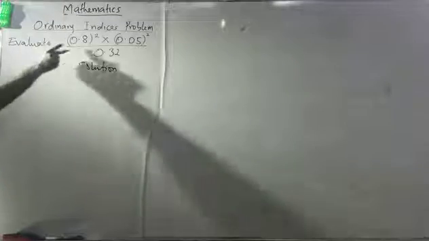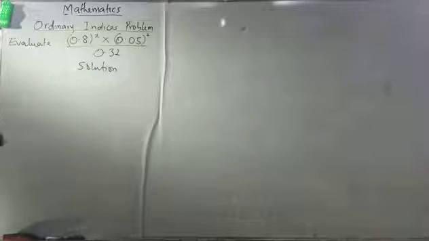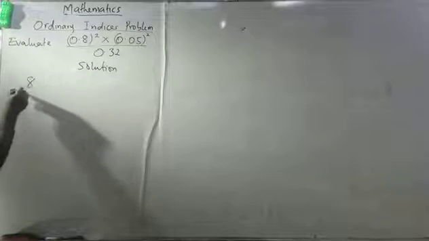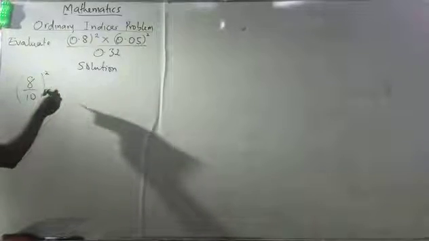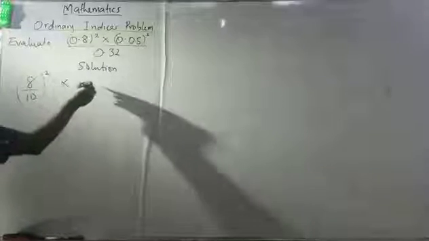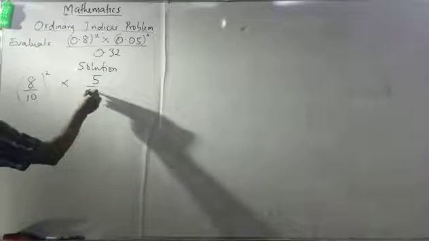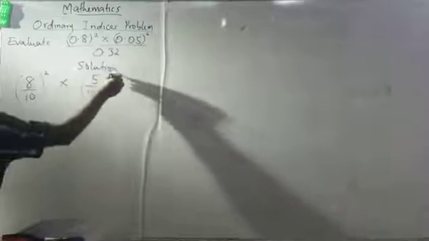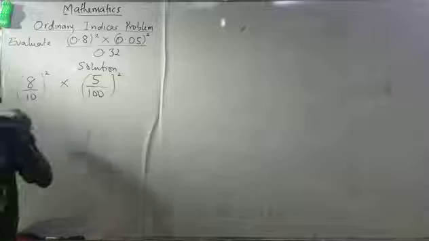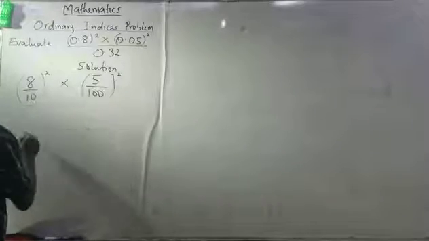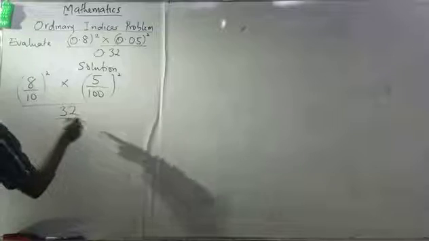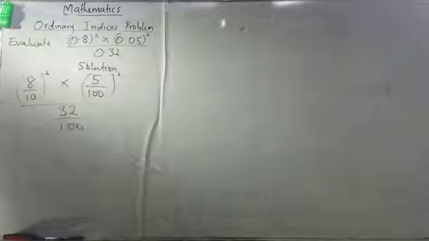Now, I can turn all of them to fractions. That is the first thing I will do by saying (8 divided by 10) bracketing 2, and multiply (5 divided by 100) bracketing 2. There's nothing wrong by saying divided by, because of those 32 divided by what? 100, or anything.